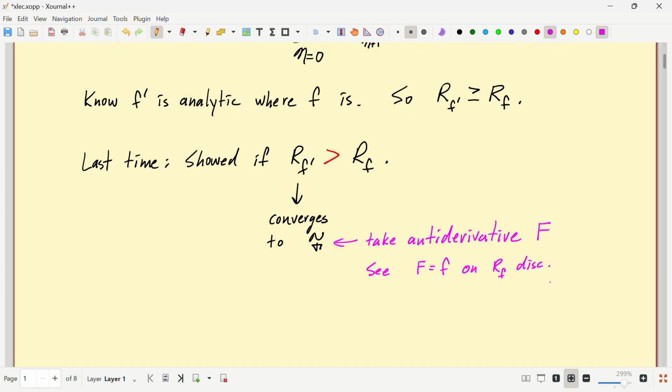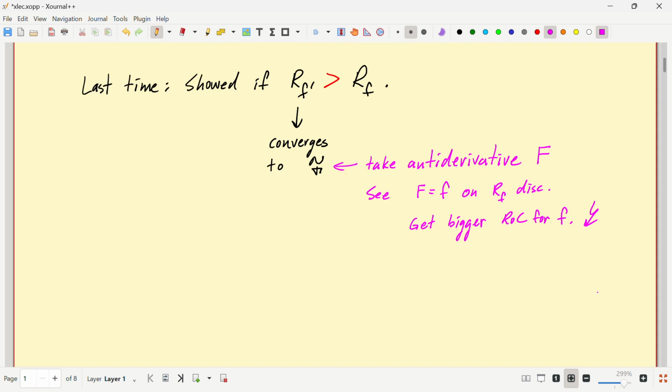And this shows that the radius of convergence for the series for little f is bigger than it is. Get a bigger radius of convergence for my little f, and that's a contradiction. So I did that last time carefully. It's kind of a weird thing to think about. So we conclude that the radius of convergence of f prime is the same as the radius of convergence of f.